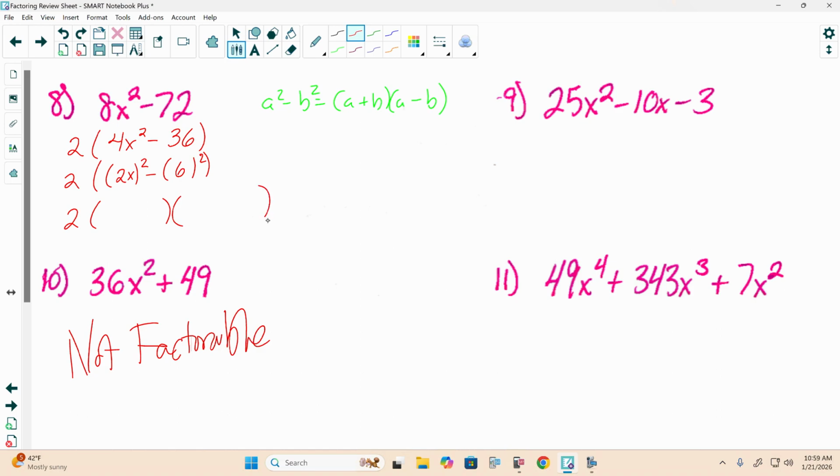Now it's going to factor to a plus b times a minus b, yes? Well, what's a? Yeah, 2x plus 6, and then the second one is 2x minus 6. Yes?